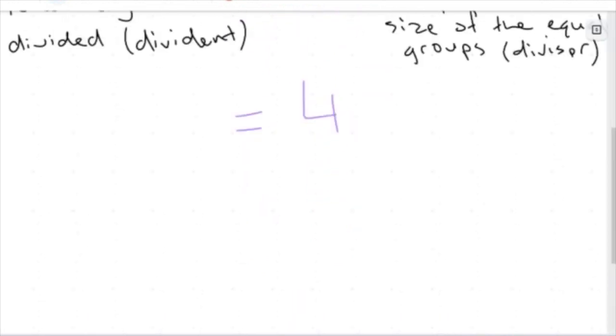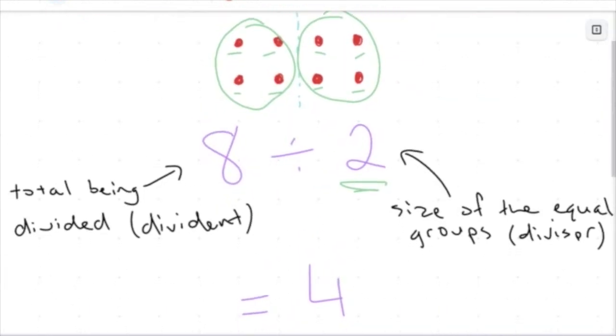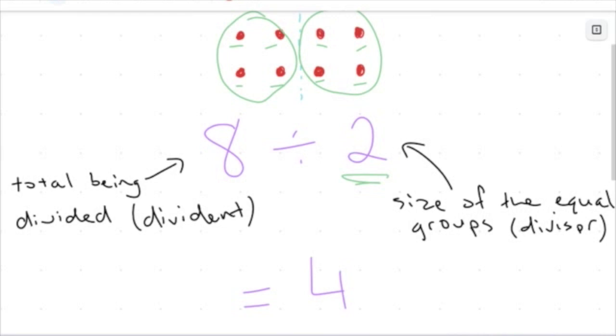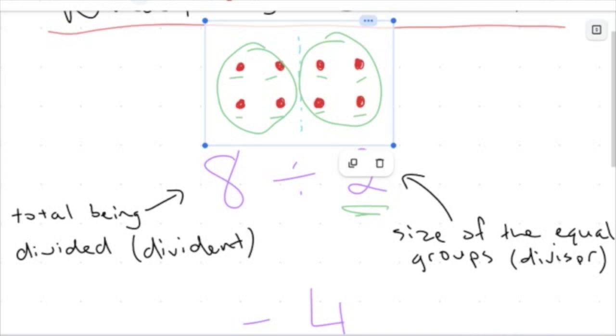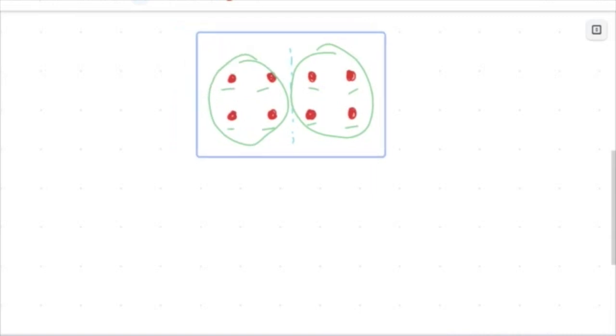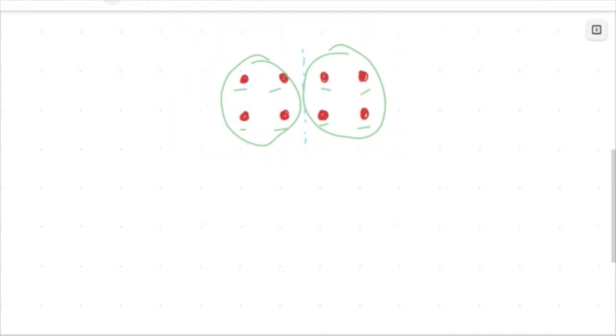Now, what if we took this same question and we said, let's copy and paste this. So let's say I took this same thing. Here we go. So I took the same thing and I'm instead going to look at this same group of 8, but now I'm splitting it up.